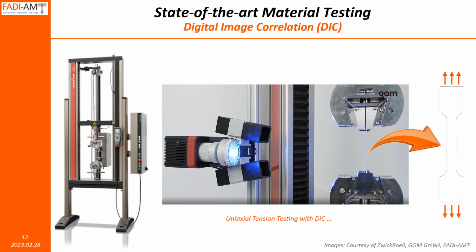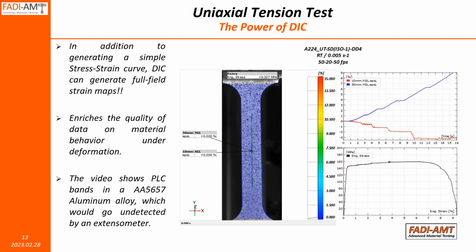This is a commercial 3D DIC system that is observing the specimen or recording images while the specimen is deforming, and these images are later used to analyze the strains on the sample. Let's look at a video that shows the true power of DIC in a uniaxial tension test.